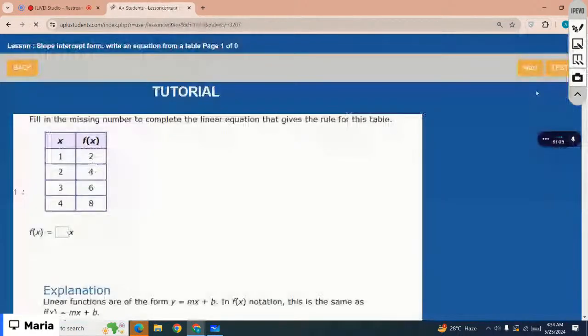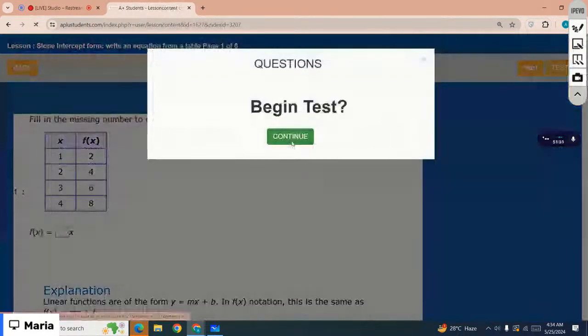So when you are given a table, how do we write an equation? Let's just start with the test questions.